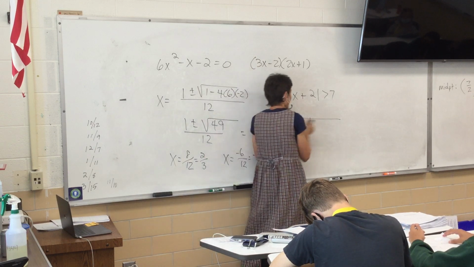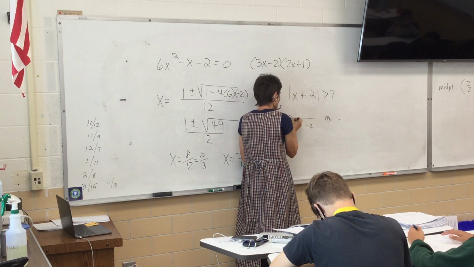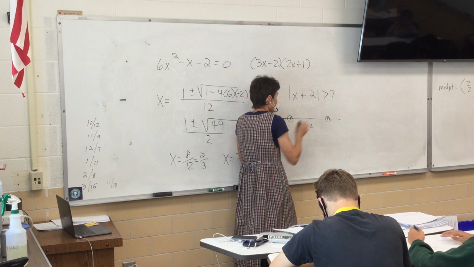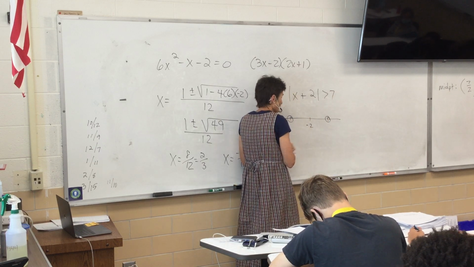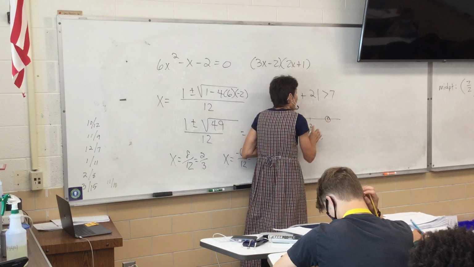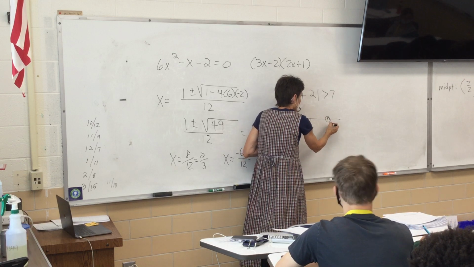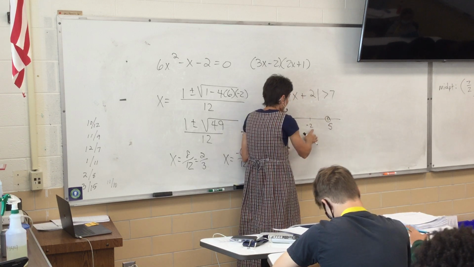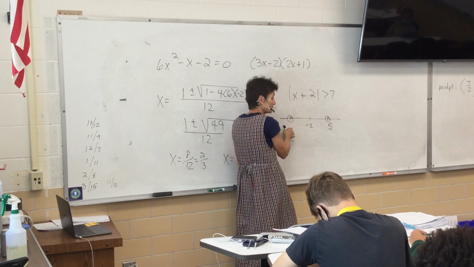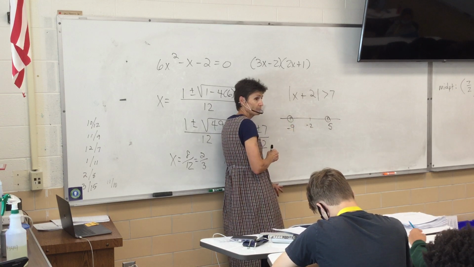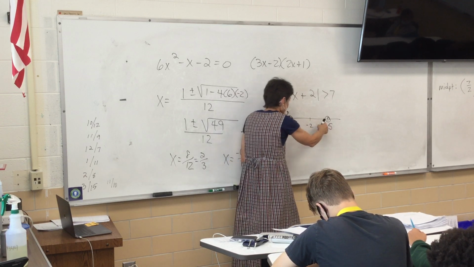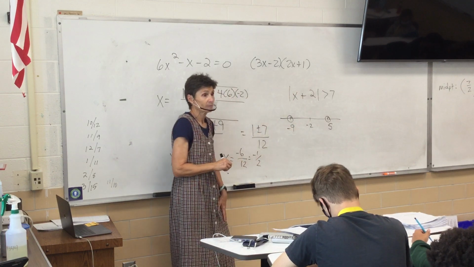Now, I'm going to count this way and put a dot, and this way and put a dot. So if I add 7, I'm at 5. And if I back up 7, I'm at negative 9. So my dots are at negative 9 and 5.